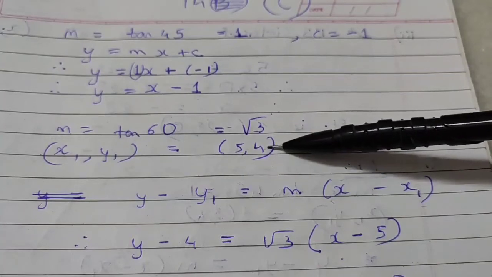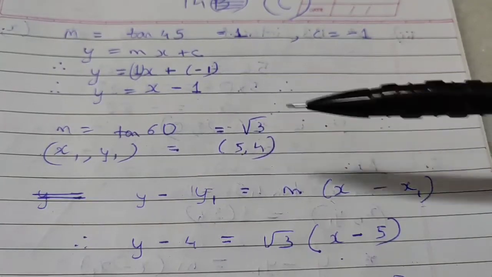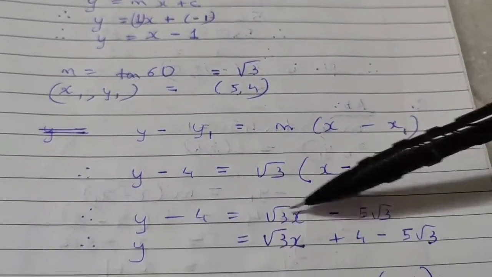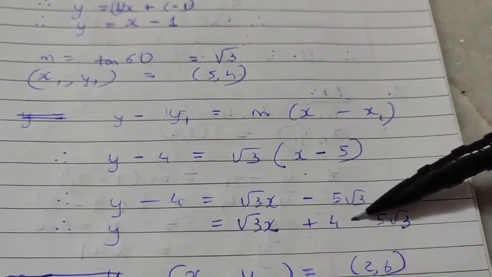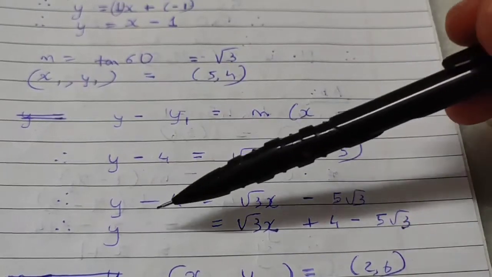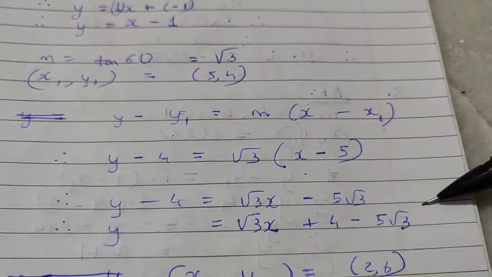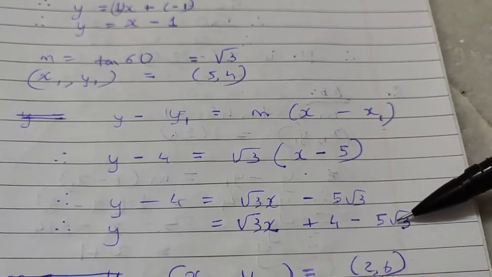It's given in the question. Simply substitute them. Be careful about the signs. Rearrange the terms, open the brackets, and this is the final format of writing an equation. It's always y equals x plus some constant number. If you write this first and 4 at the end, that's okay.